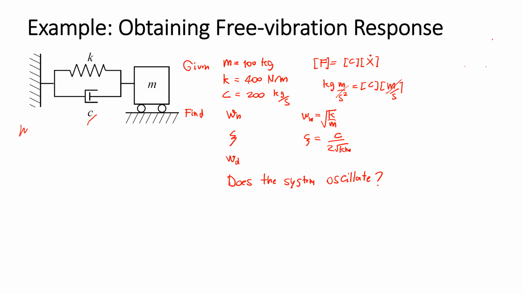So you can also obtain the damping ratio. The damped natural frequency, you can also obtain it: omega d is equal to the natural frequency multiplied by the square root of 1 minus the damping ratio squared.